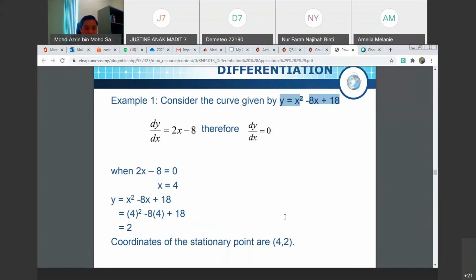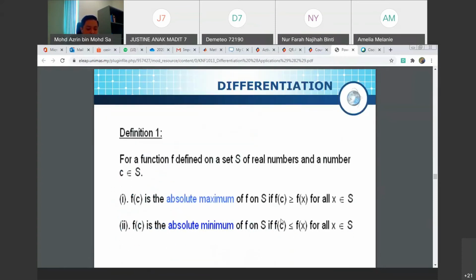Alright, so there are also many different definitions. There are 3 definitions, but it's slightly more theory.